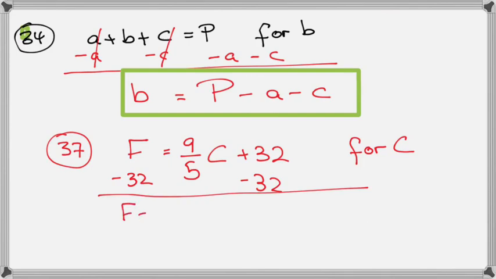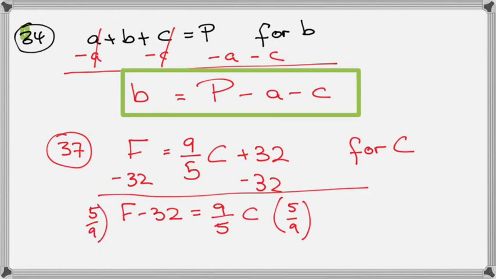F minus 32 equals 9/5 C. And then instead of multiplying everything by 5, you can do that, but the official formula says let's just multiply by 5 over 9, the reciprocal, to both sides, and then we just keep it in distributive property form. C equals 5 over 9 times F minus 32.